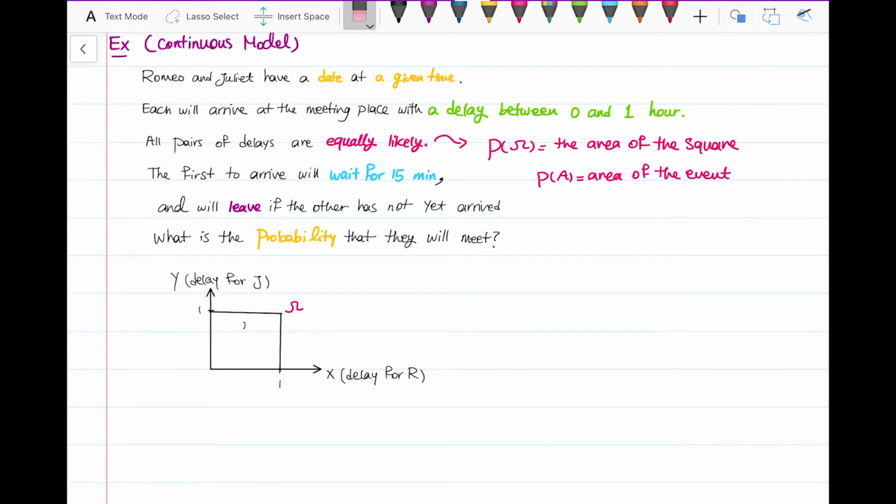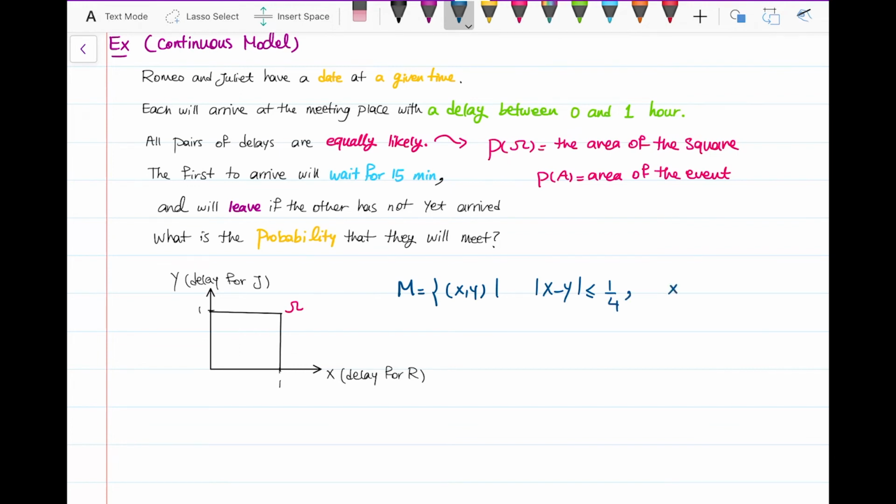So let me write in here, I'm gonna say that let M be the event that they meet, which means what? Which means that their delays, the delay for the Romeo and for the Juliet, should be in such a case that the difference between delays is less than 15 minutes. 15 minutes in that case, because this is time between 0 and hour, would be 1/4.